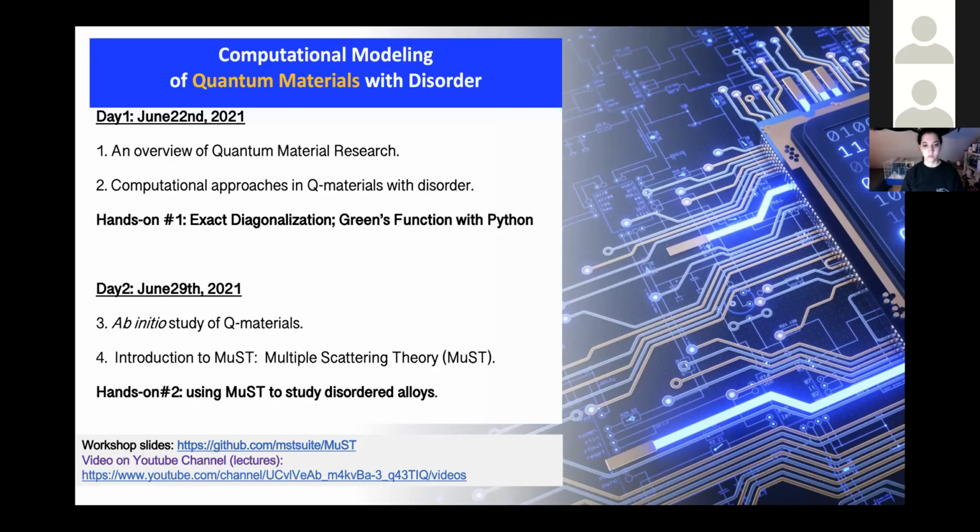You will have an opportunity to try your hands at running MuST and using this numerical framework to study disordered alloys.